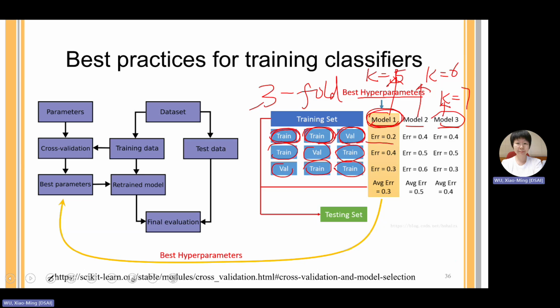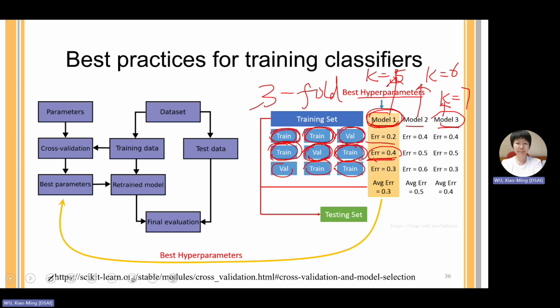Then we can compute an error rate. Similarly, for the second round, we can compute an error rate by using the first and third folds for training and the second fold for validation. Validation means testing, so these are test samples.